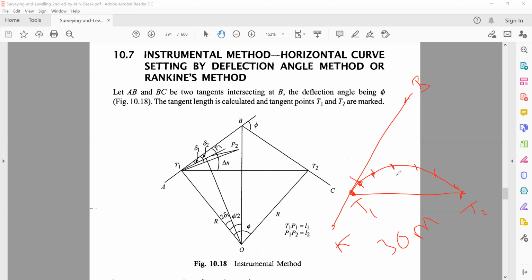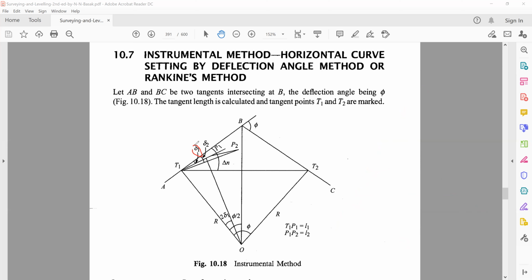Similarly, from this point to this point, it would be 5 meters, with the value of the deflection angle that we calculate theoretically, and you set out these points. In this way, we can set out the entire curve. In this diagram, you can see as well that they are giving you the deflection angle values from the tangent at different points.